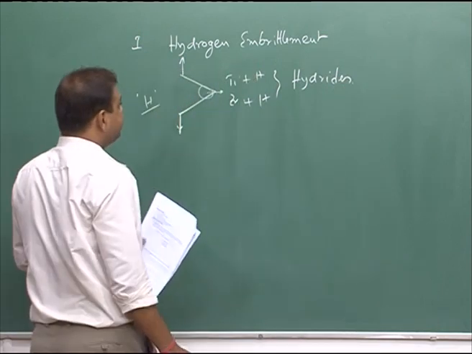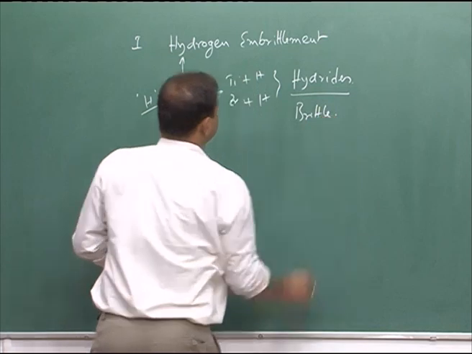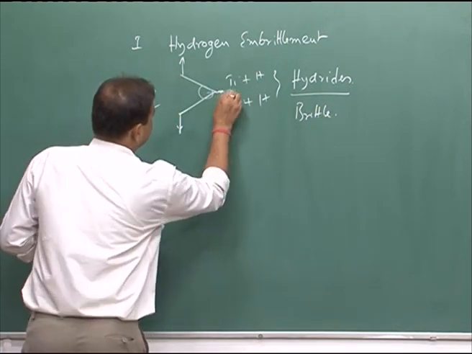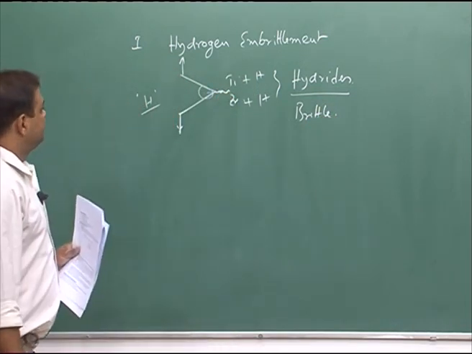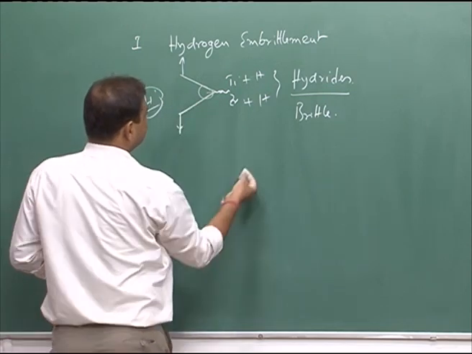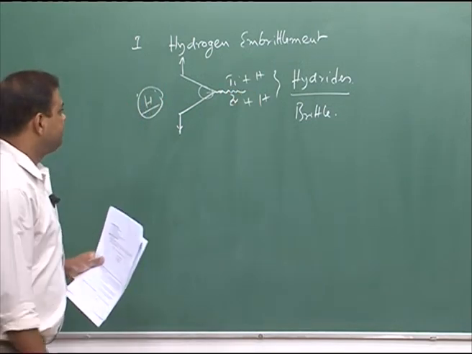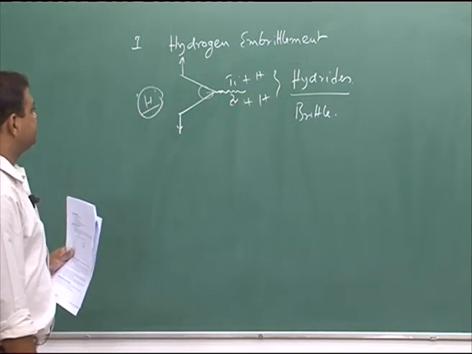These hydrides are brittle in nature. So the crack again advances, again you have hydrogen generation, again hydride forms, and again the crack advances, and that way the cleavage fracture propagates inside the material.